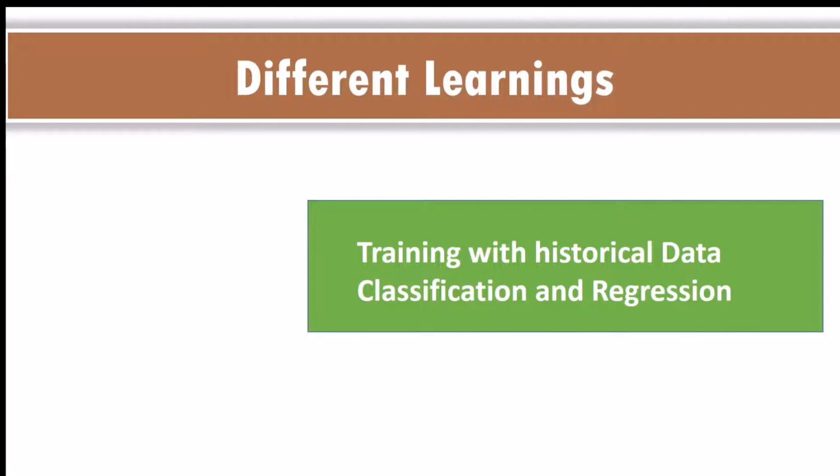Once the performance is good, we can use the model. Otherwise, we can fine tune the model to get proper accuracy or performance. Till then, we keep using the training data to train the supervised model.